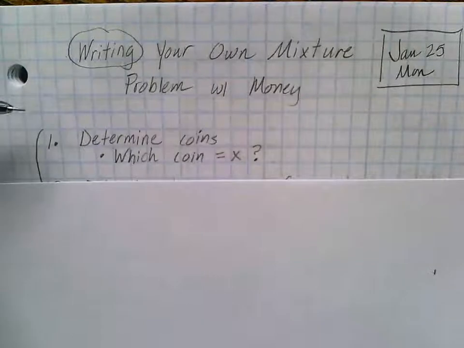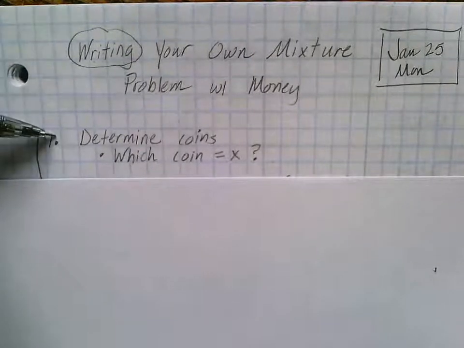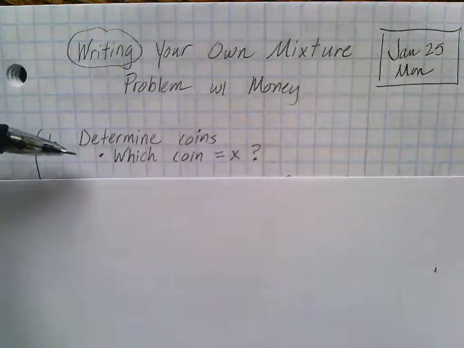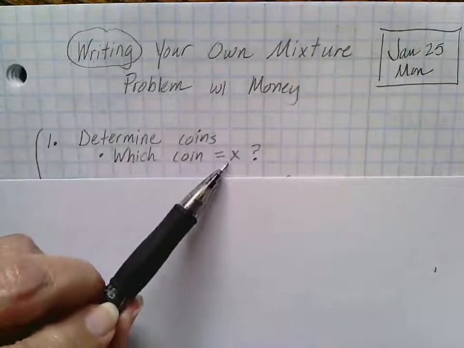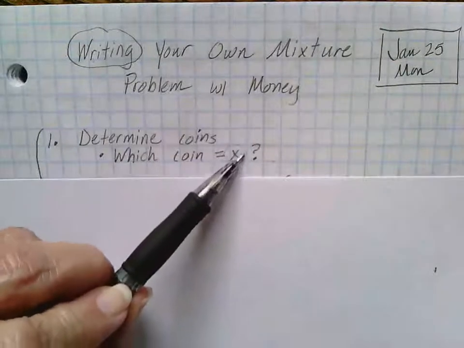The first step is to determine what coins you're going to have. And then within those coins, you have to determine which coin is going to be your X value.